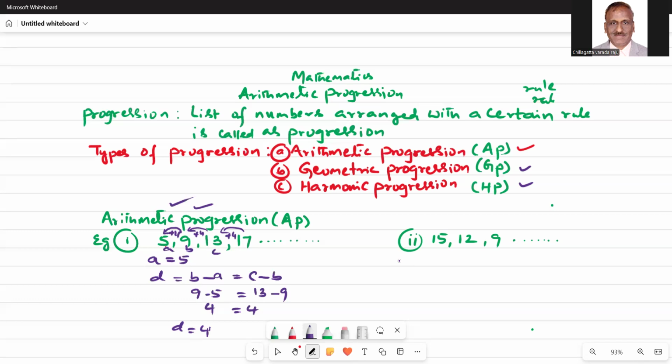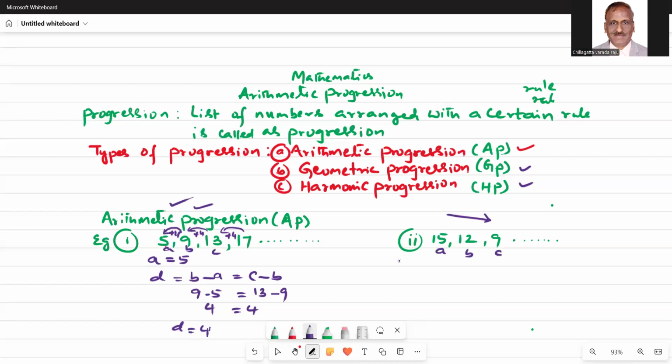Here in one example, the terms of the progression are in ascending order. The second example I have taken is 15, 12, 9. Don't you see these terms are in descending order? Here also let me take A, B, and C. You can observe the pattern, how the numbers are advancing.